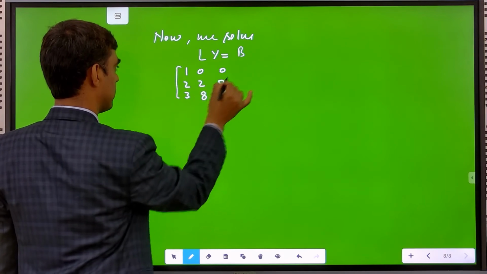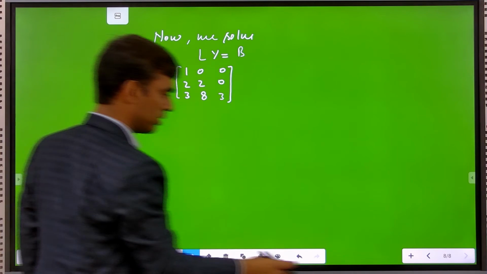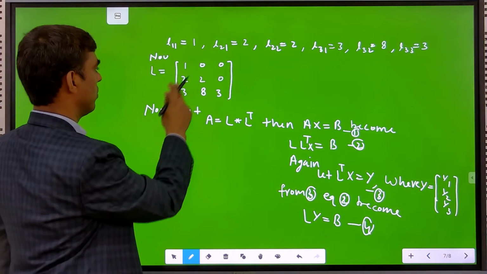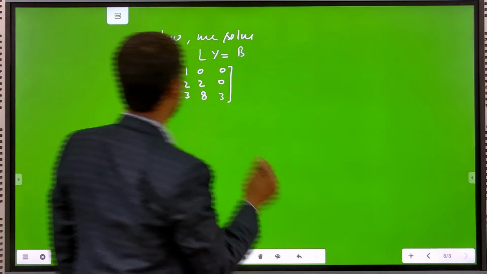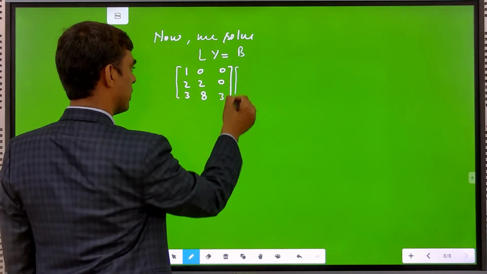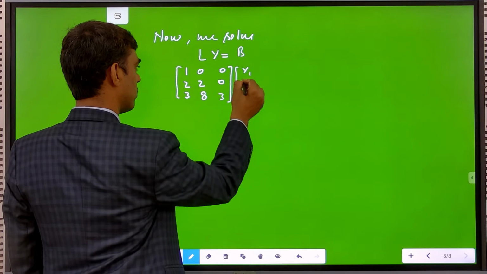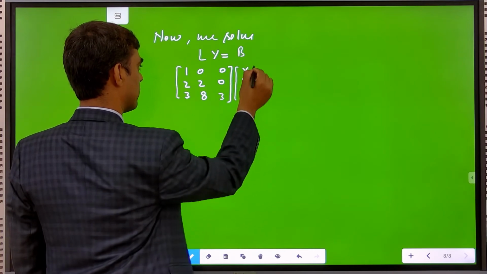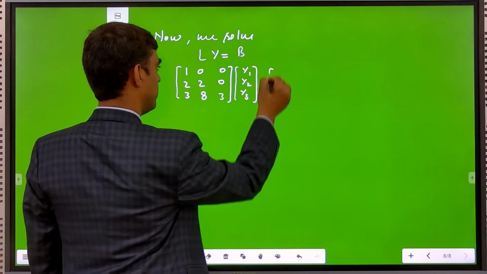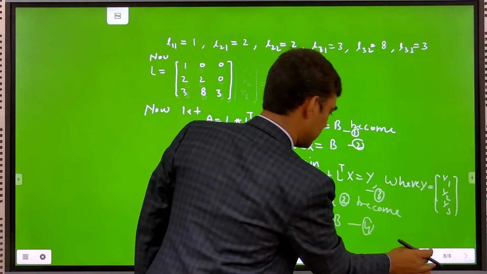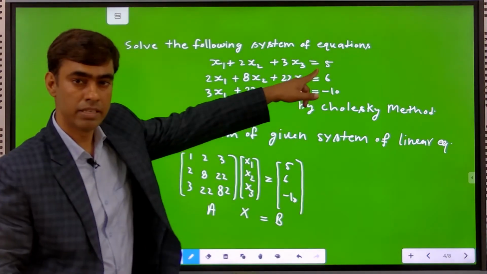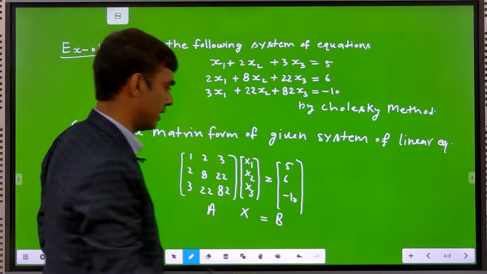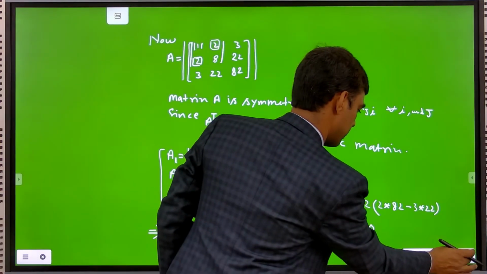This is the value of L. Y is y1, y2 and y3. And what is the value of b? From the start, b is 5, 6, and minus 10.